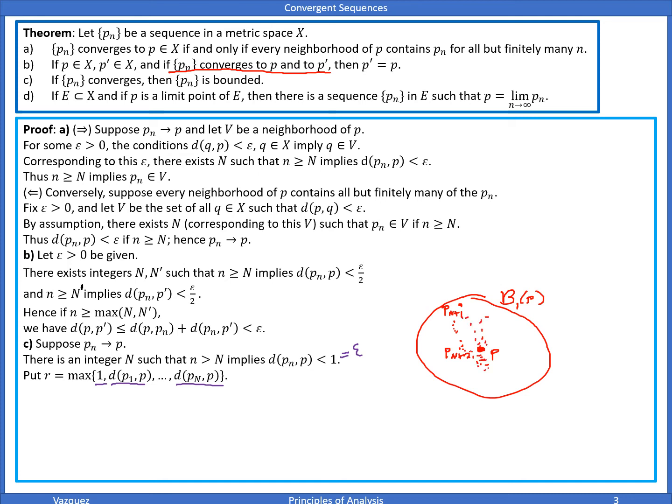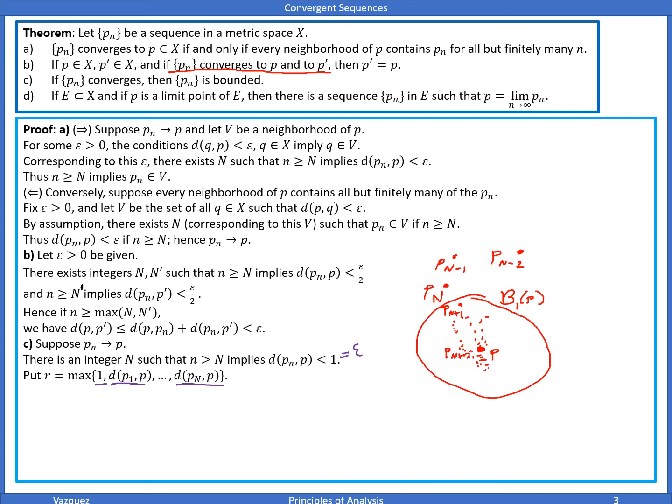But all the rest, P sub n, P sub n minus 1, P sub n minus 2, are not necessarily in the neighborhood. They may be outside. Again, they may very well be inside, but they can also be outside. So we're just going with the outside case.